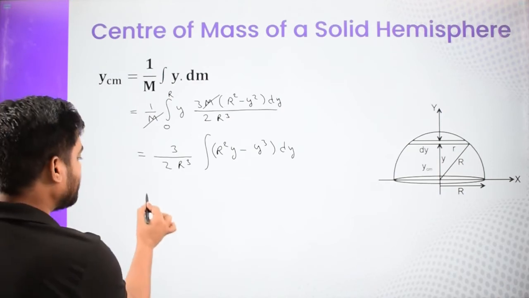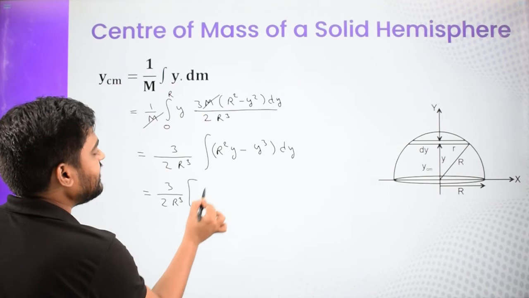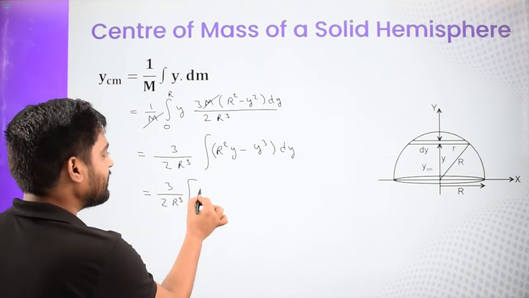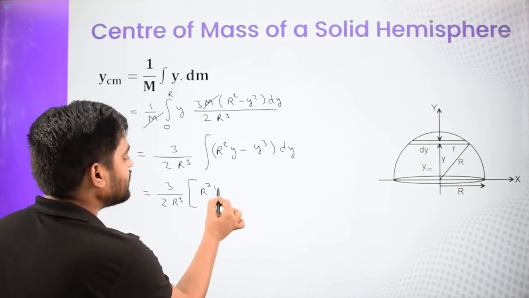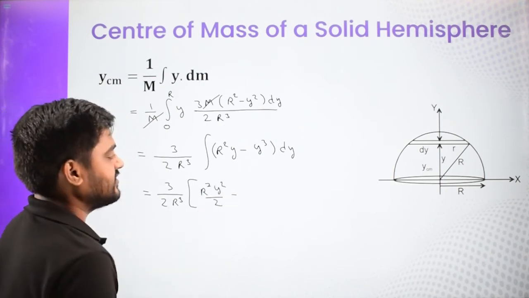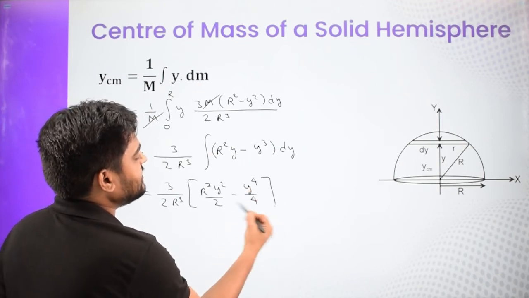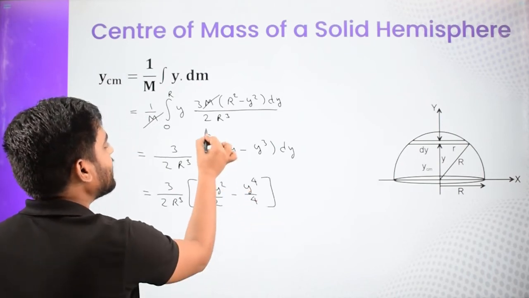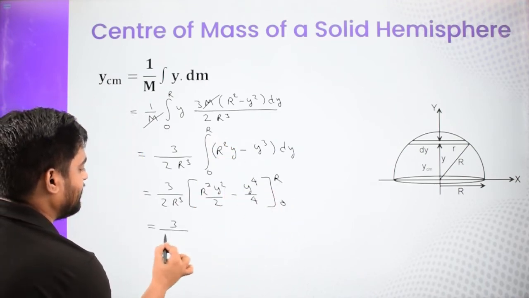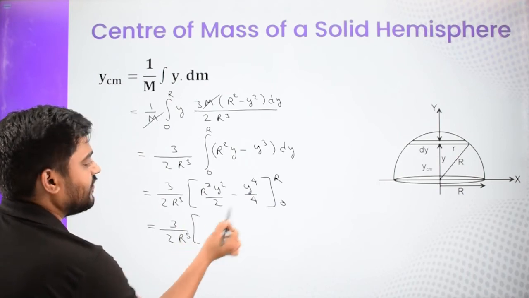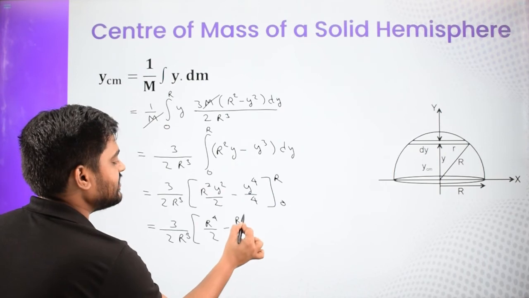So let us integrate 3 by 2R cube. The integration of this is going to be R square, which is a constant, y square by 2 minus y raised to 4 by 4. Put the limits 0 to R. Putting the limits, first put R over here. So R raised to 4 by 2 minus R raised to 4 by 4.